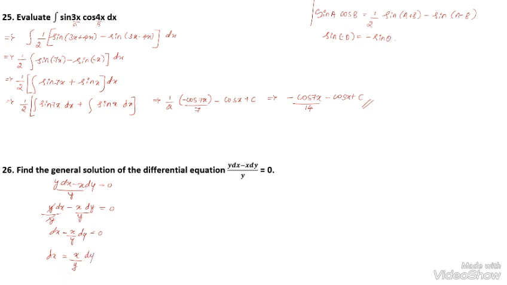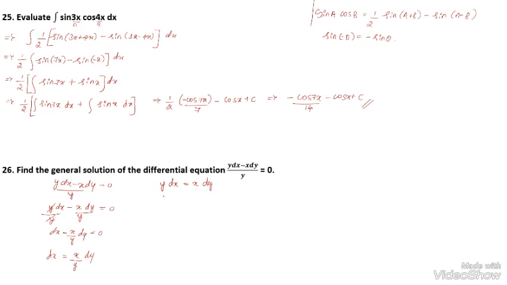So I have taken y on the left side. It becomes y into dx is equal to x into dy. Now again I am taking x on one side and y on one side.